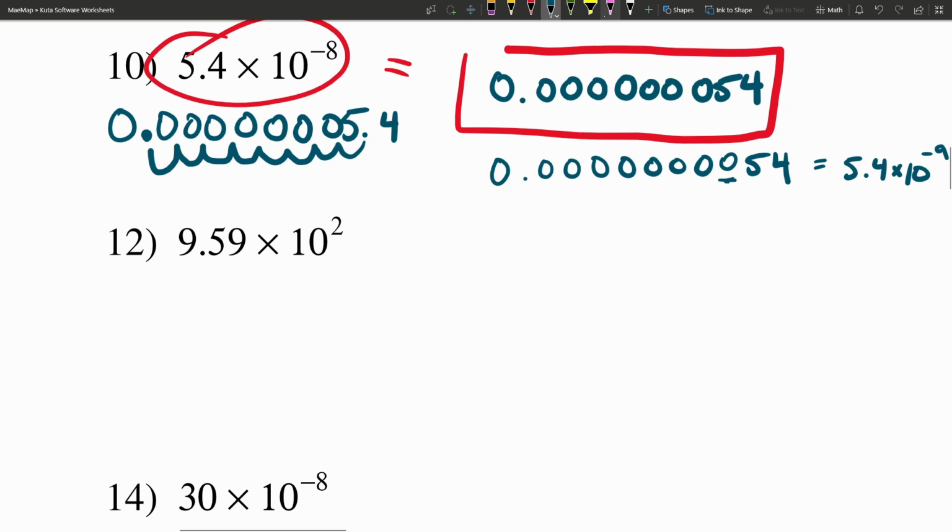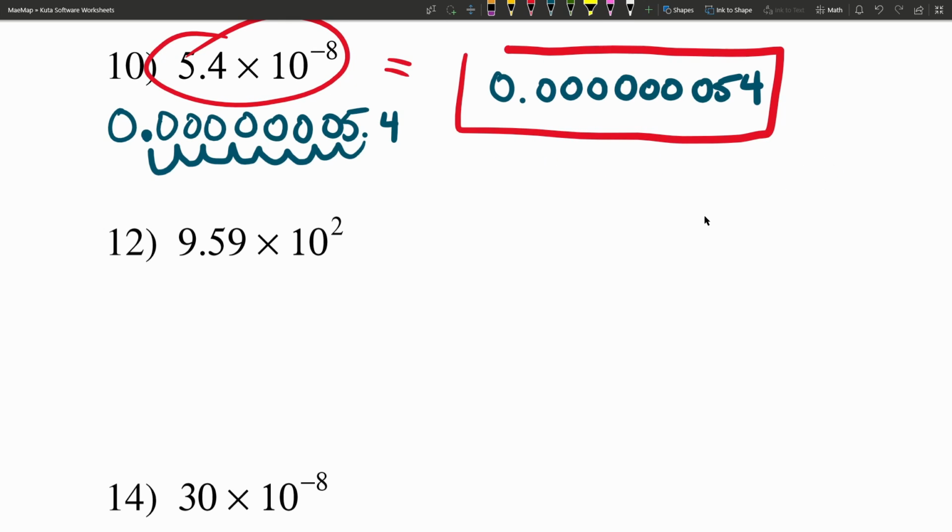So by looking at the scientific notation, we can easily see which number is smaller. 10 to the negative 9th is going to be smaller than 10 to the negative 8th. So scientific notation is very useful, especially when working with really large numbers or really small numbers.